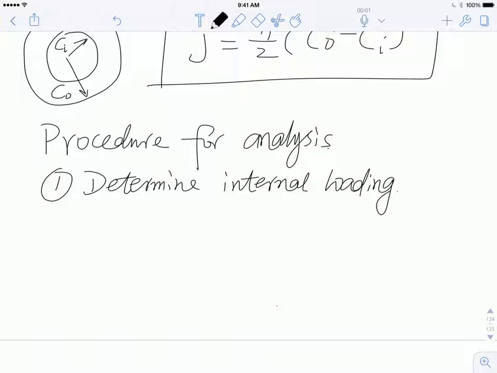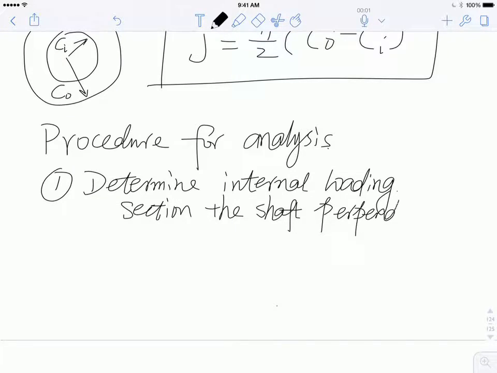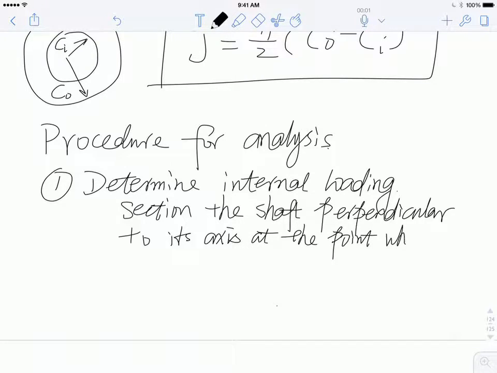The way we determine internal loading is we need to section the shaft perpendicular to its axis at the point where the shear stress is to be determined.